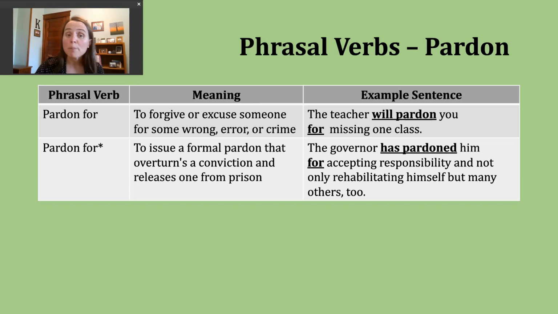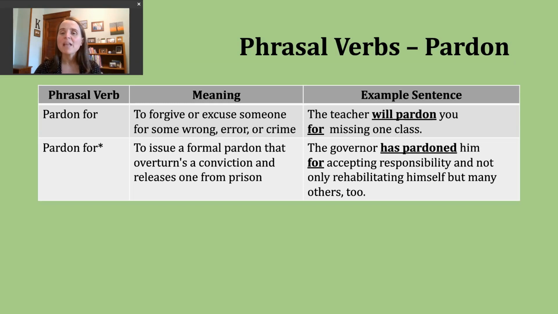A second way to use pardon for, again, is to issue a formal, what's called a pardon, and we'll talk about the noun form of that word. But it's sort of a legal decision that's going to overturn a conviction and release someone from prison. So this goes back to that second definition we were just talking about.